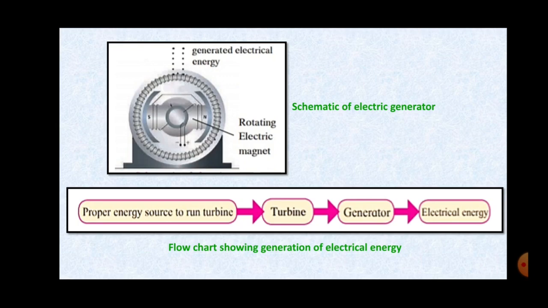If you remember this very simple linear flow chart, you will easily be able to write the process of generation of electrical energy. A proper energy source runs the turbine. The turbine helps in the rotation of the generator, and then the generator produces the electrical energy. So this is the flow chart of how electric energy is generated.